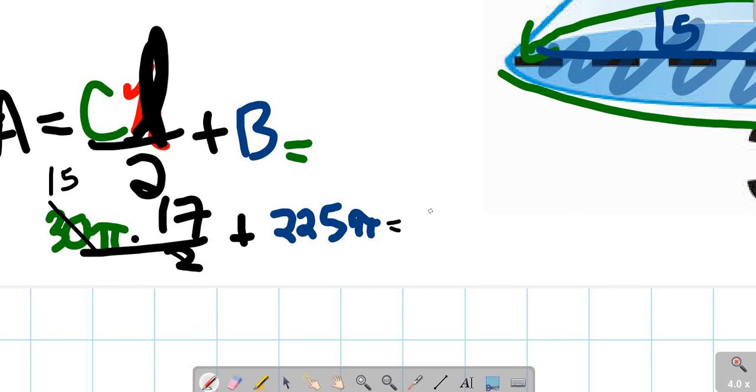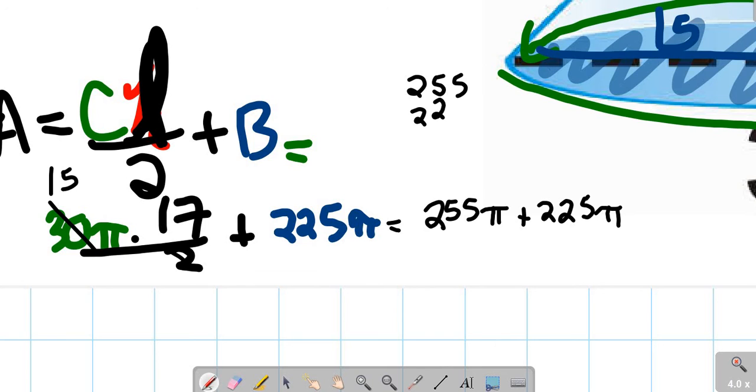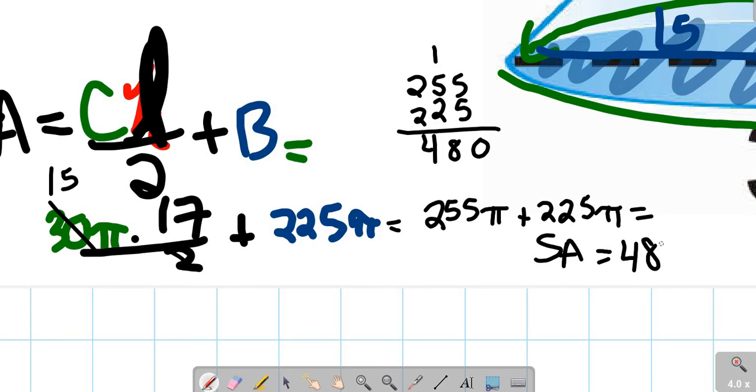So this is going to equal 255 pi plus 225 pi. I'm just going to add that longhand right here. So our final answer for the surface area of this cone is 480 pi units squared.